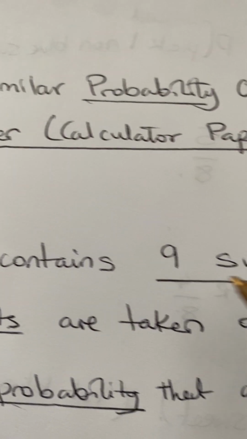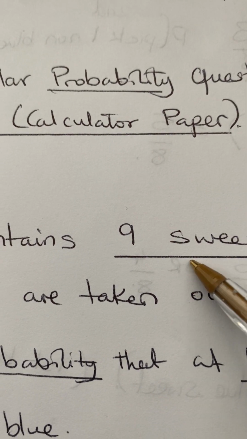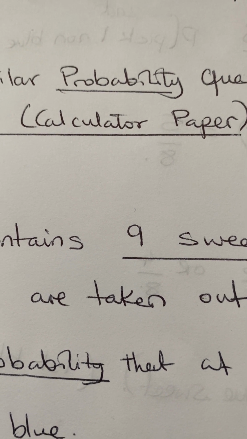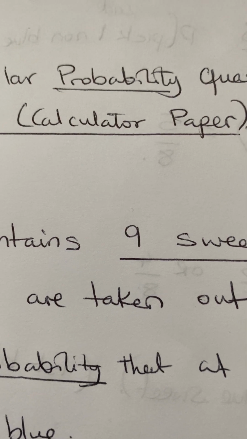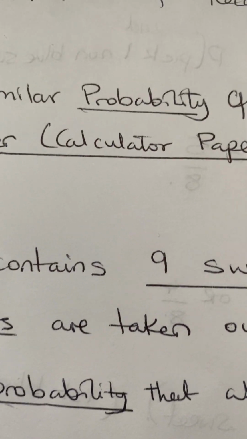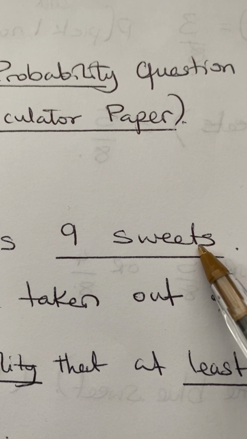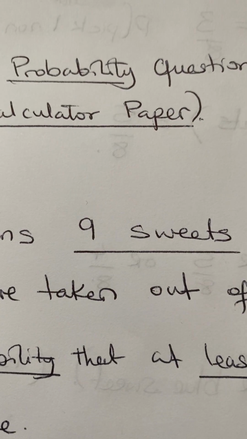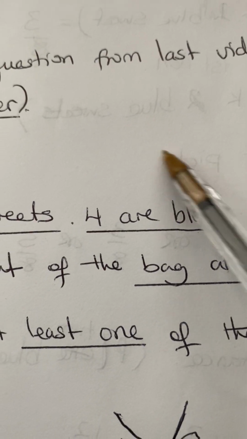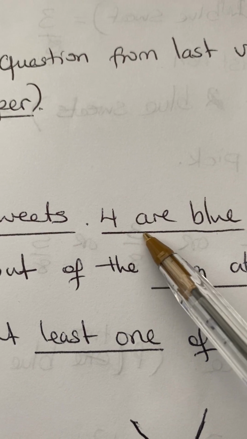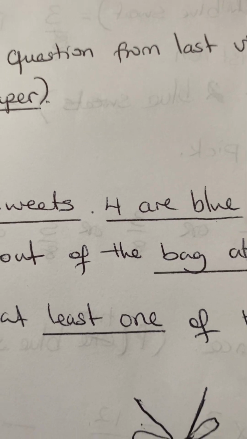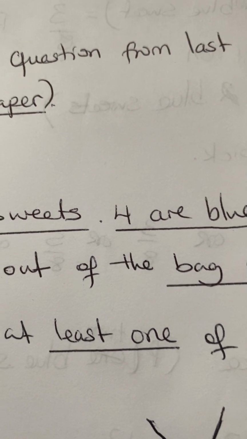So the total is 9, your denominator will be 9. If you are going to pick a non-blue sweet, your probability will be 5/9. And if you are going to pick a blue sweet first, your probability will be 4/9. Okay, so let's keep that in our mind.